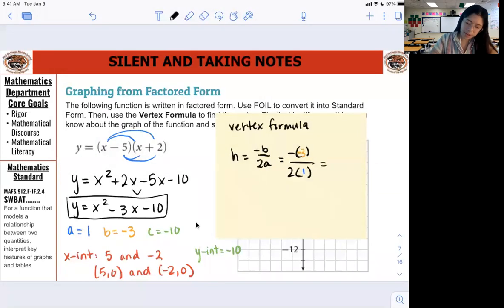So negative negative 3, what do I get in the numerator? Positive 3. And 2 times 1, I get 2. So my h value is 3 over 2. It's a fraction. That's okay. We're going to work with it.